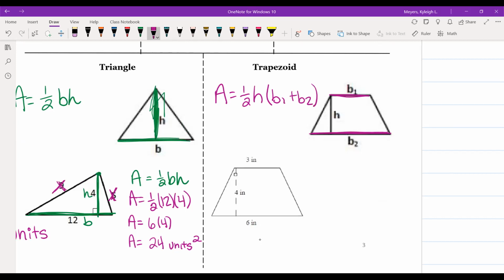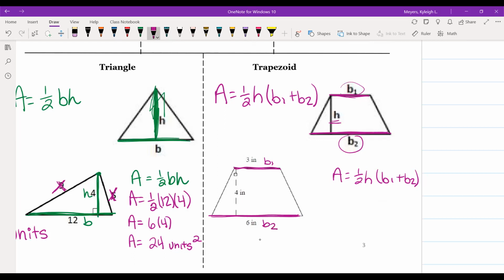So that's 1/2 of your height, and then you add up your bases and multiply them by the height, or 1/2 of the height. We always start by writing our formula. 1/2 height, base 1 plus base 2. So we're going to label our base 1 and our base 2. Our base 1 is the top of the shape. The bottom of the shape is always our base 2.